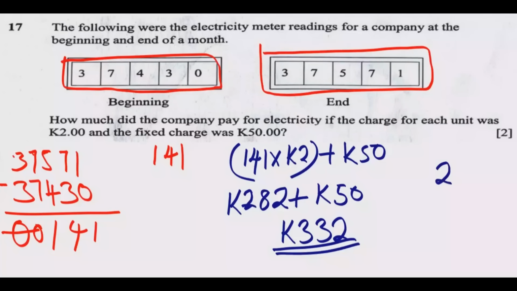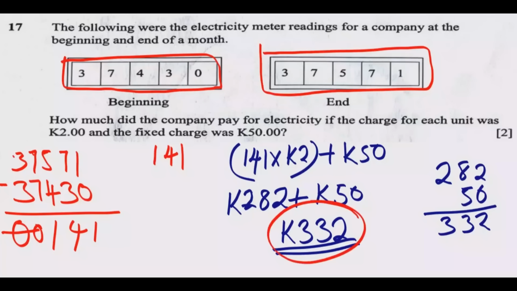You can say 282 plus 50. This will be 2, this will be 3, and there we carry 1, it's going to be 3. So 332 kwacha is the amount they paid. This is the correct answer. If you have got questions, please you can ask in the comment section. Otherwise, this is how you go about this question.